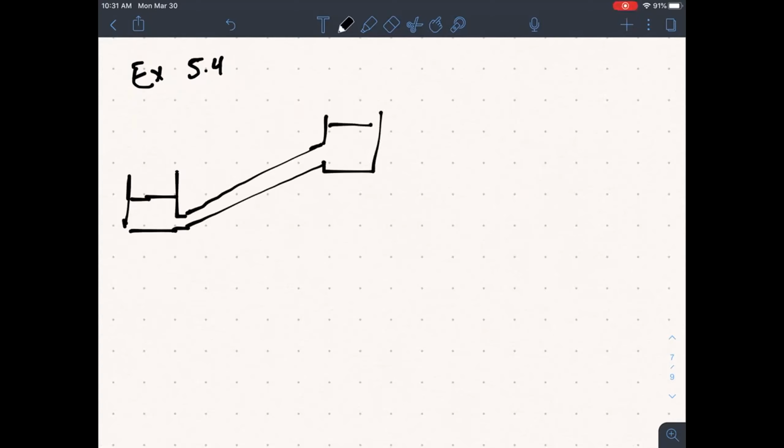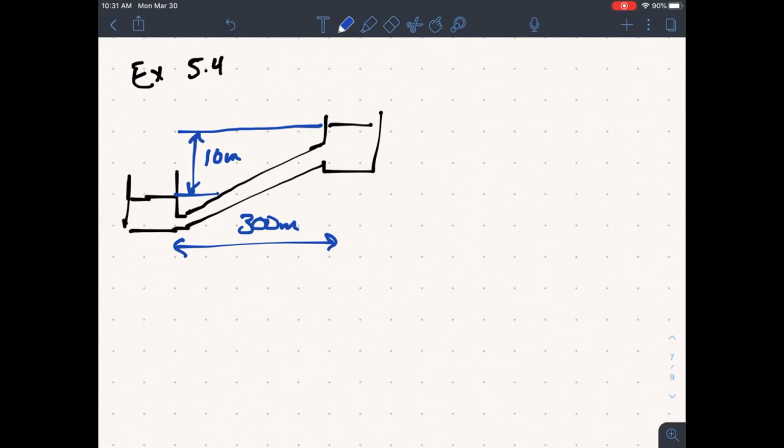So we have 10 meters of elevation difference between those reservoirs. We have 300 meters of distance.